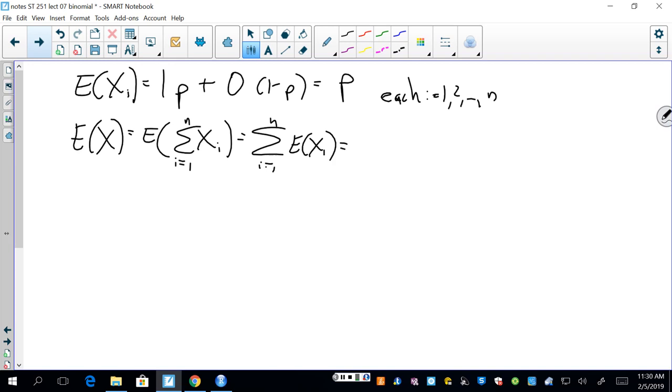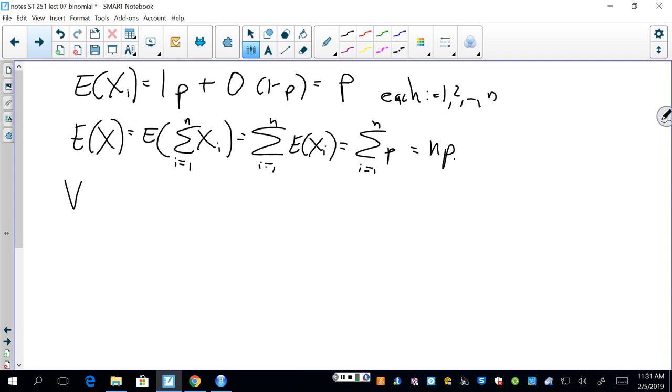Each of these has an expectation of p. Well, there's n copies of it. There's p plus p plus p, n times, which is n times p. So knowing that little fact that expectation is linear, and you can write that binomial as a sum, does that make the derivation a little bit nicer than dealing with all the summations and choose? It's nice to be able to do both, but it's the same result.